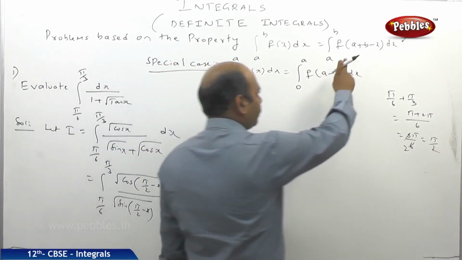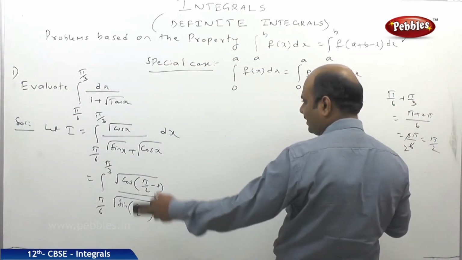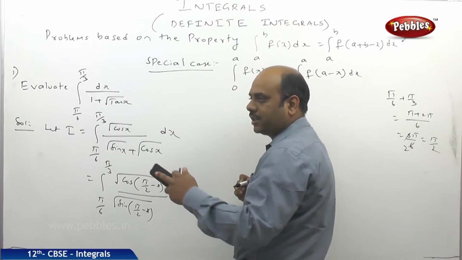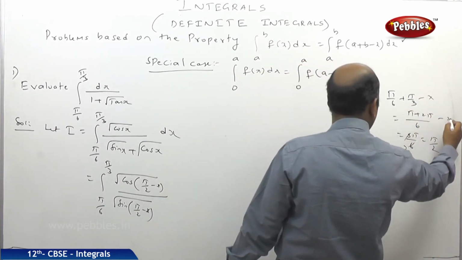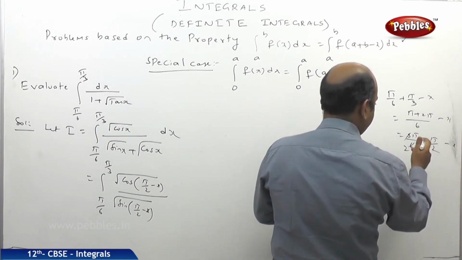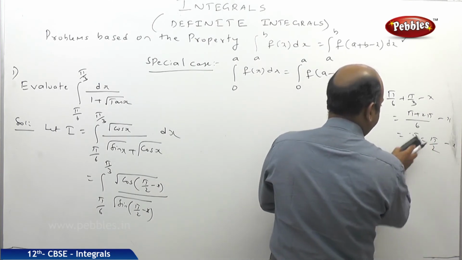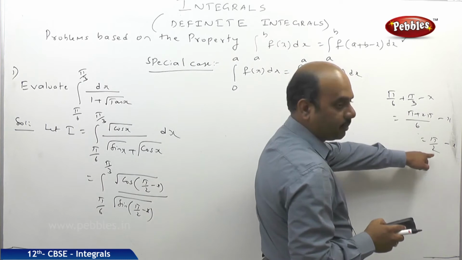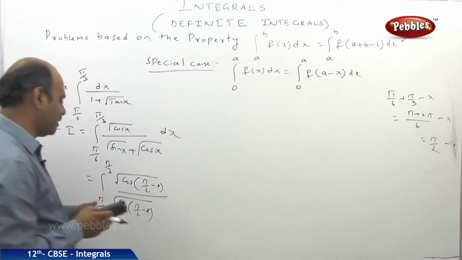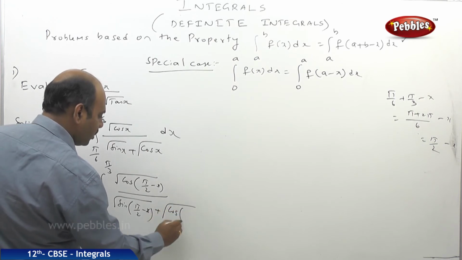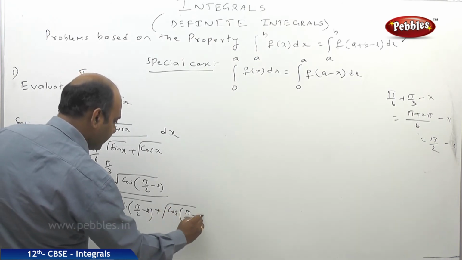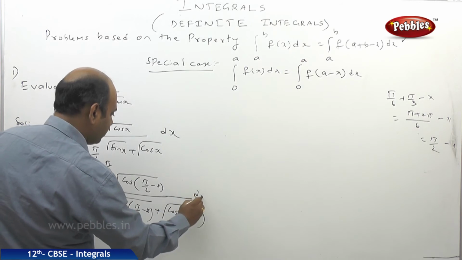I am applying this property a plus b minus x, a is pi by 6, b is pi by 3. So a plus b minus x: pi plus 2 pi, 3 pi by 6, means pi by 2 minus x. Directly I am writing here, under root of cos of pi by 2 minus x, and here there will be dx.